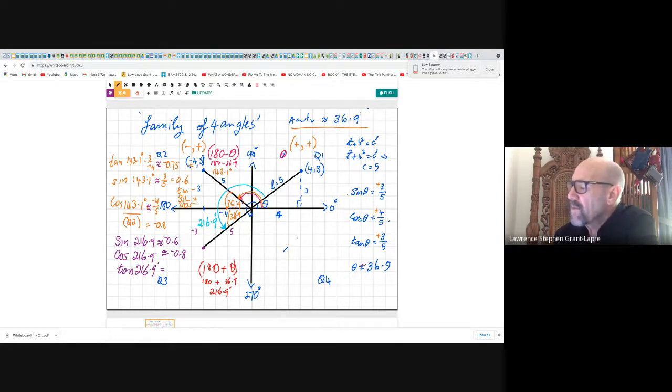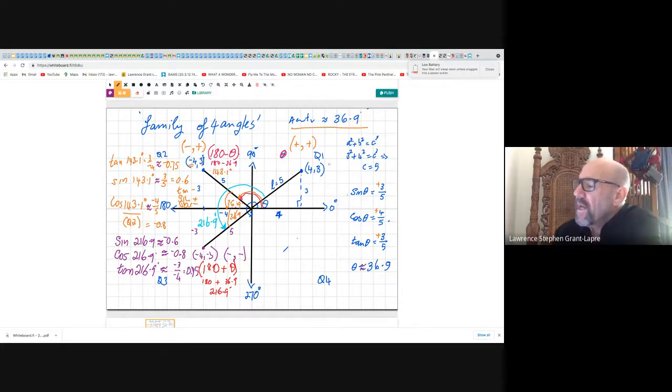Opposite over adjacent is negative 3 over negative 4 because our coordinate is negative 4, negative 3. All coordinates in the third quadrant are negative, negative. And when you get a negative divided by negative, you get positive 0.75.